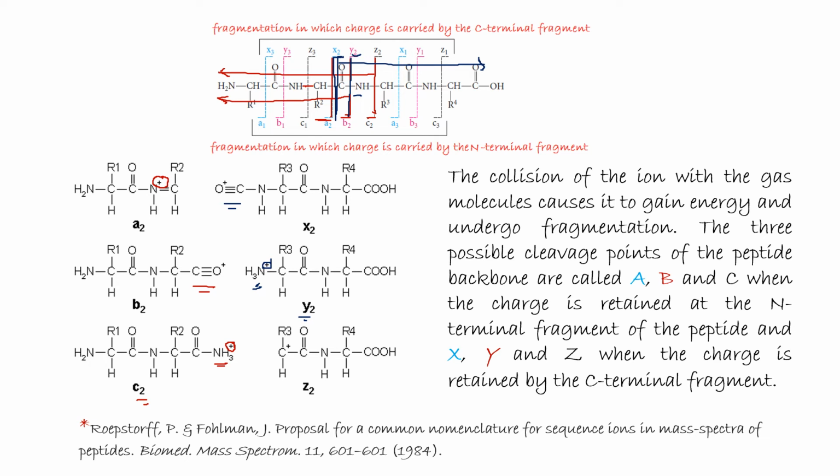Z2, we will see that part, and the positive charge will be on that carbon. Here it is. For more, you can read the Biomedical Mass Spectrometry paper, volume 11, page 601, a letter to the editor in 1983.